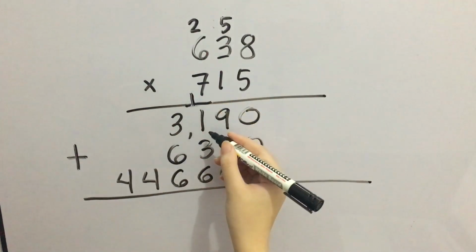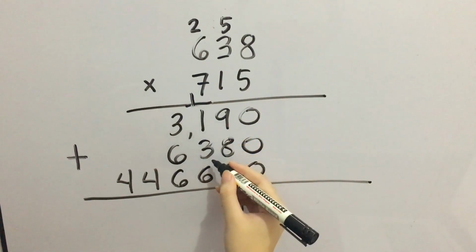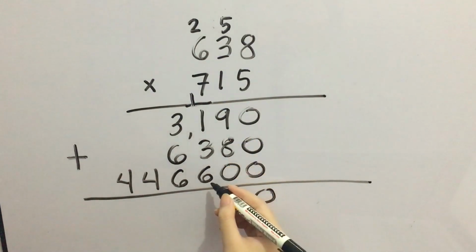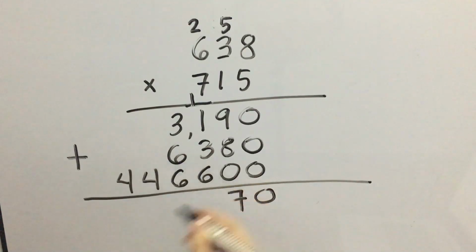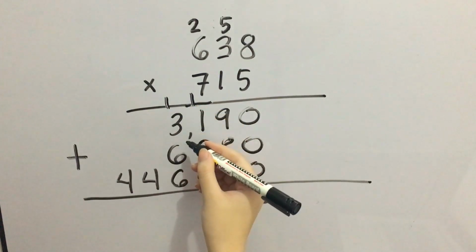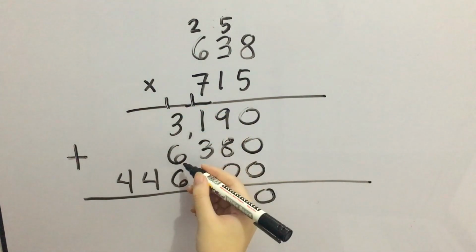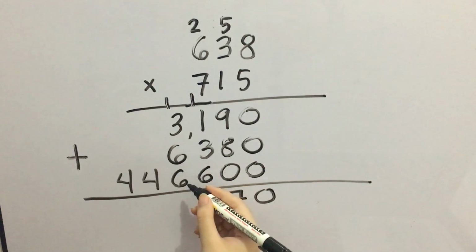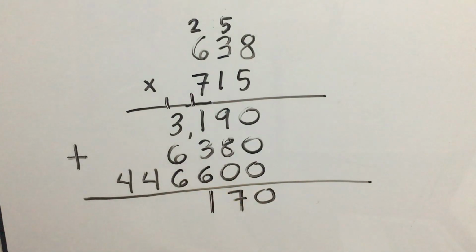1 plus 1 equals 2 plus 3 equals 5 plus 6 equals 11. Again, we write 1 in the hundreds column and carry 1 in the thousands place. 1 plus 3 equals 4 plus 6 equals 10 plus 6 equals 16.